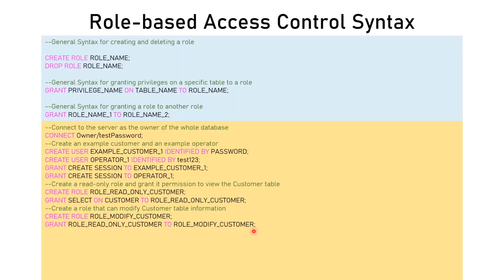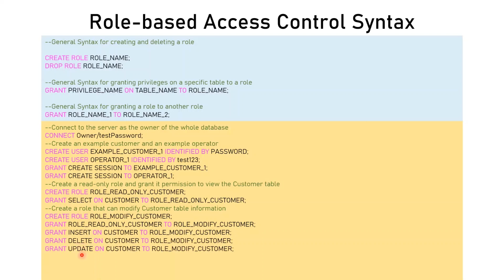Next, we will be giving it the other permissions that are required to actually modify the table. So we will grant it the insert permission, we will grant it the delete permission, we will grant it the update permission. So we have finally given it all the permissions that it needs to perform modifications on our customer table.